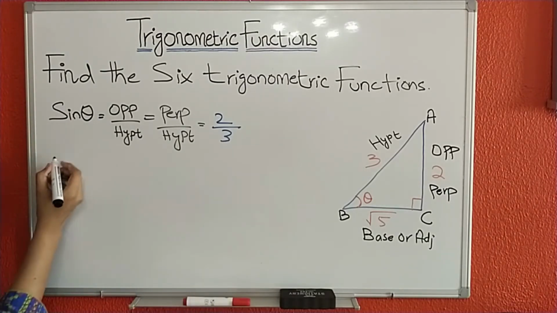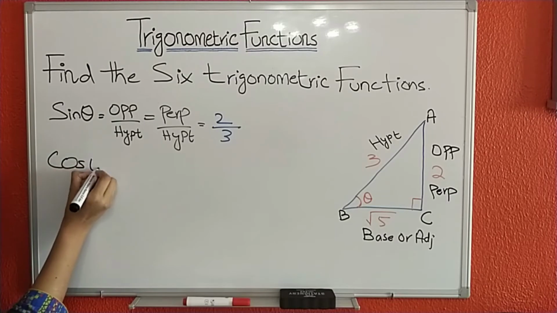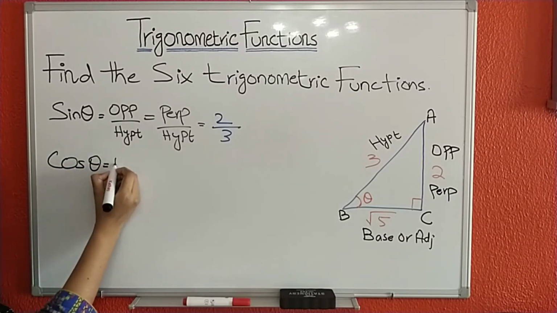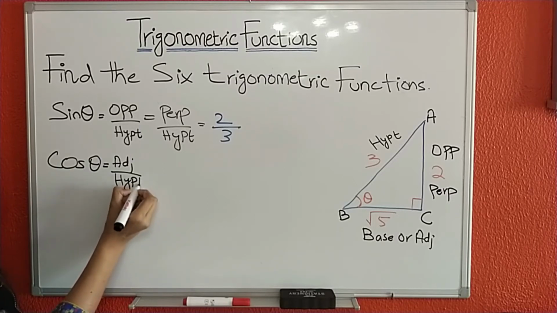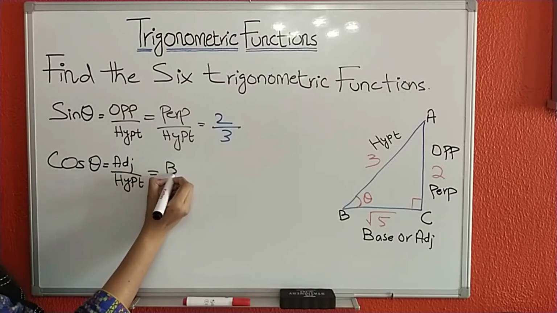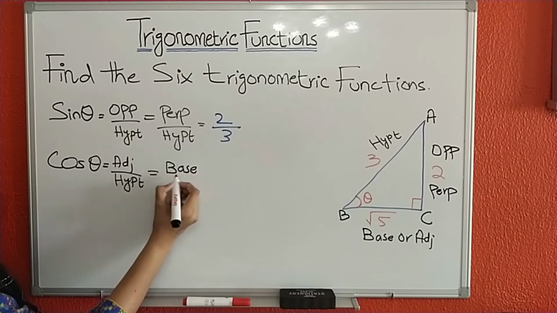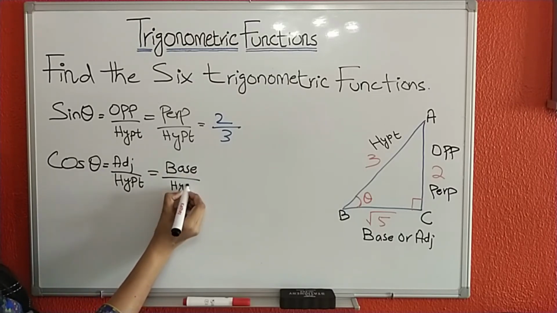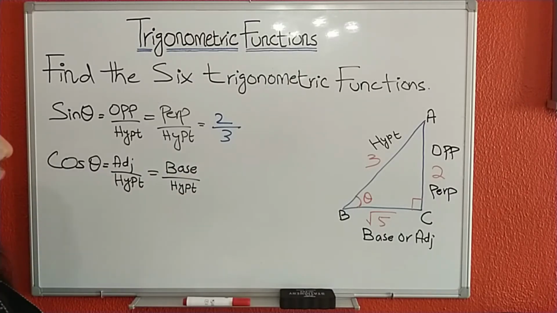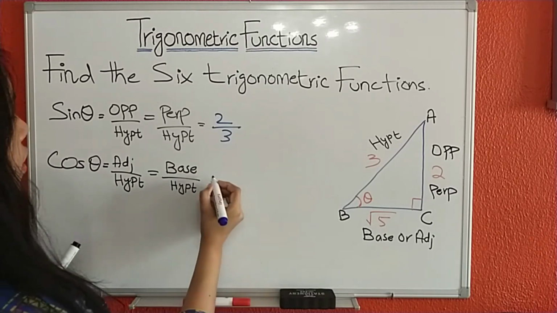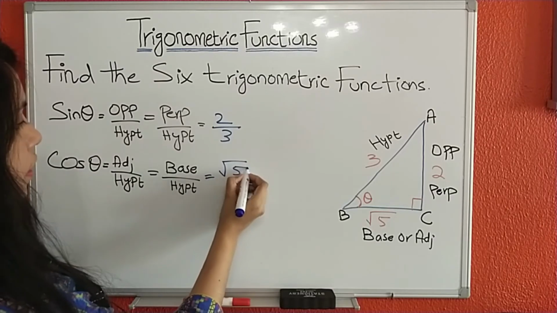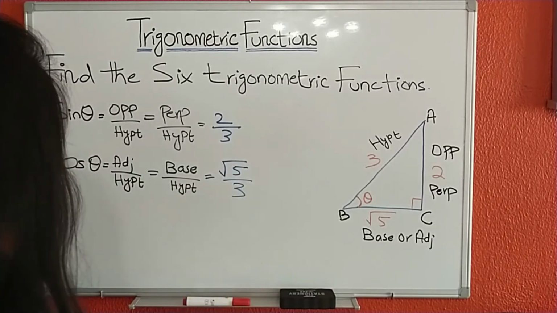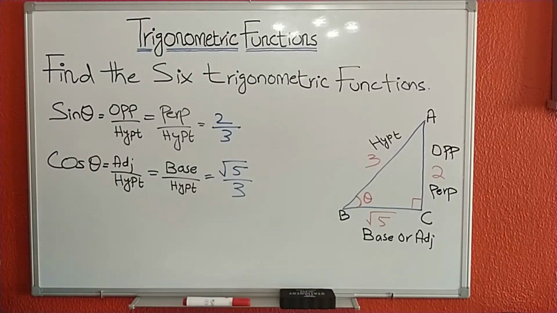Now cos theta is equal to adjacent upon hypotenuse or base upon hypotenuse. So the value of base is root 5 over 3.